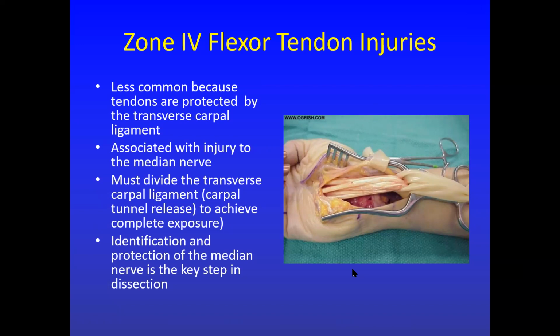And is it possible to have a full recovery of the median nerve? The full recovery probably will not happen, but you can restore sensation, and you can often restore motor function, so that the patient can oppose the thumb.